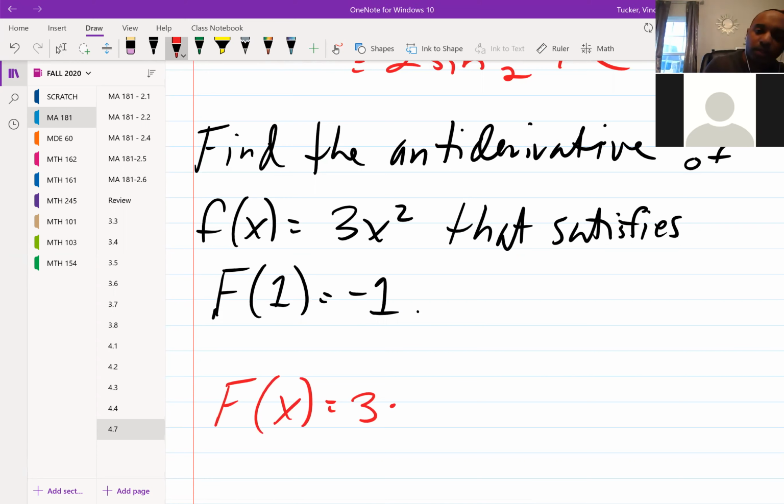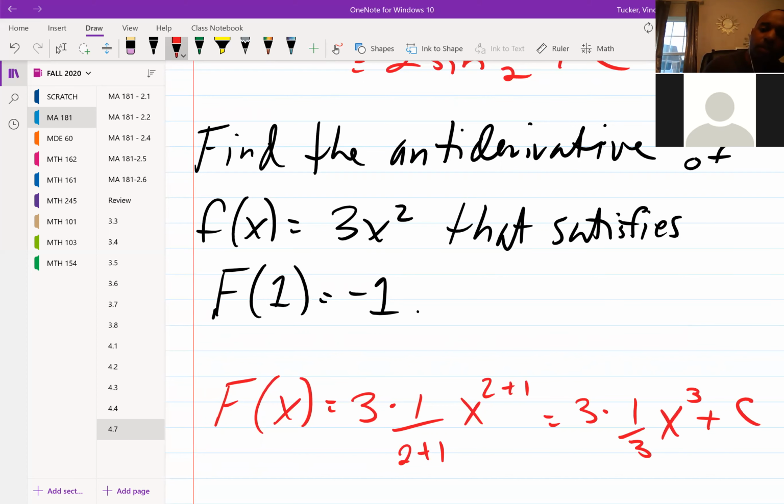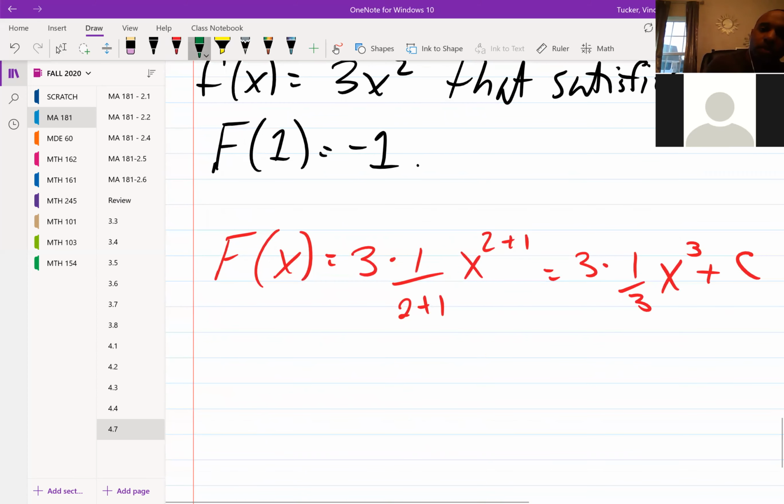So we leave that 3 on the outside. And that'll be 1 over 2 plus 1, x to the 2 plus 1. So that's 3 times 1 over 3, x to the third, and that's plus c. So the 3 and the 1 over 3 cancel, leaving you with x cubed plus c.